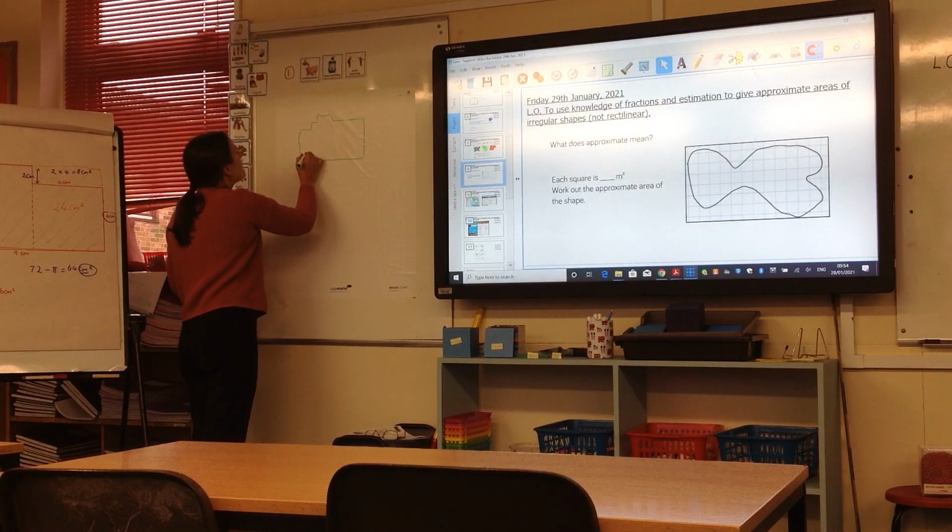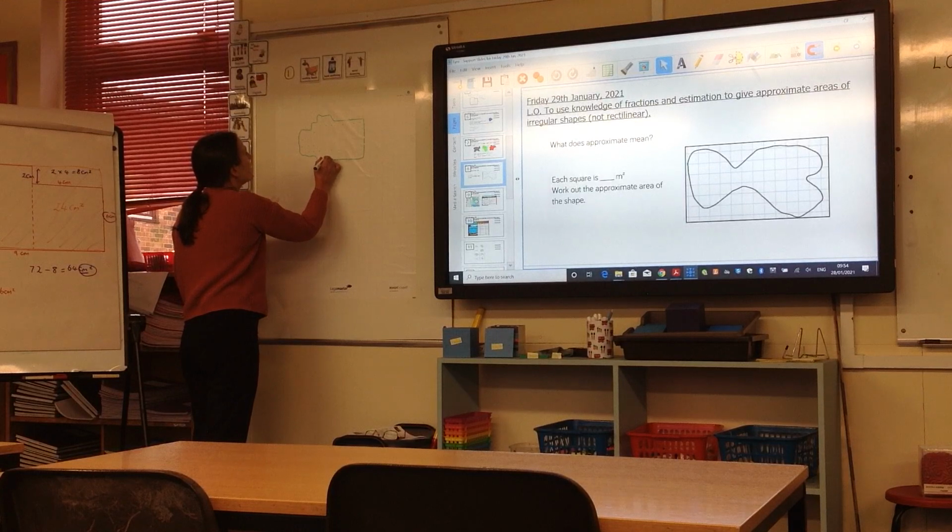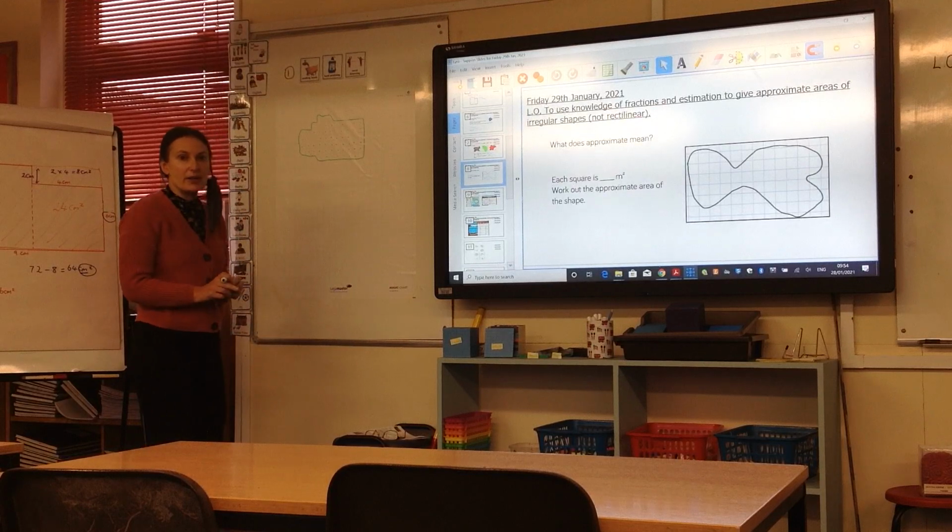As I'm doing so, you can see I'm working my way around my pond, and then I can fill in all of the centre. With those, I can add up all of those dots as my whole squares.